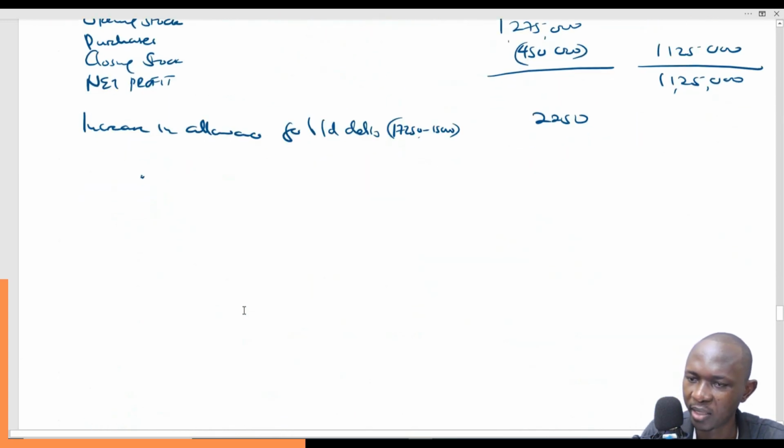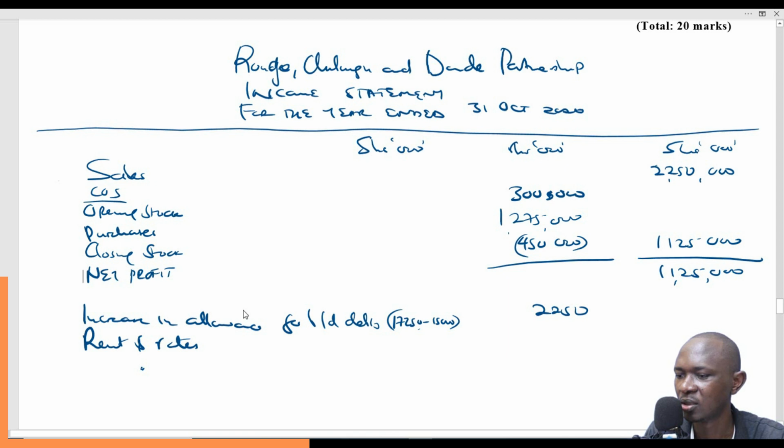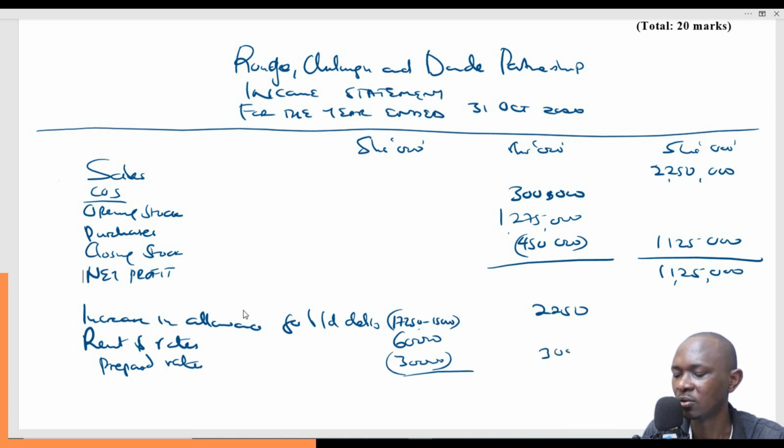So you simply come here and say rent and rates, and we use the innermost column. So this will be 60,000 less prepaid rates, that was 30,000. So this gives us 30,000.